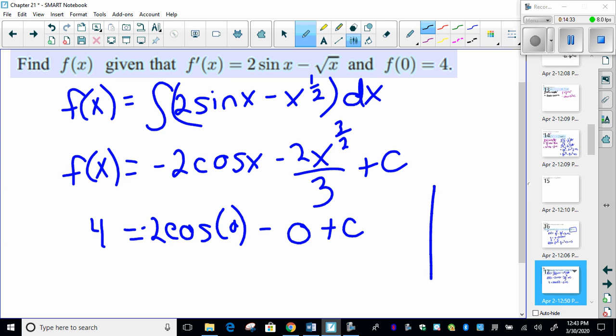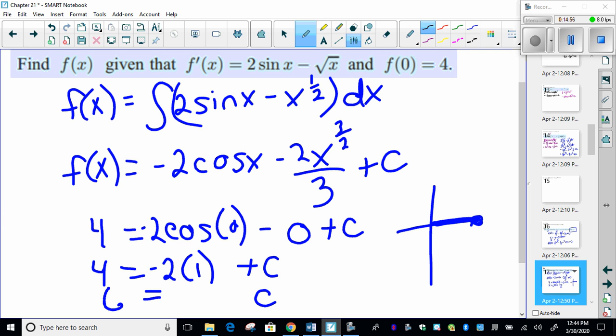So, unit circle, cosine of 0, here's 0 radians, 0 degrees, either one. The cosine being your x value, that's 1. So 4 equals 2 times 1 plus c. Oh, that's a negative 2. Add the 2 over to the other side, so c therefore is 6.